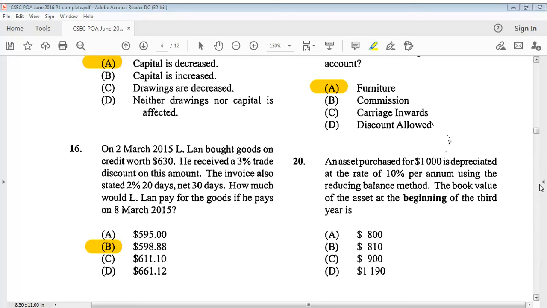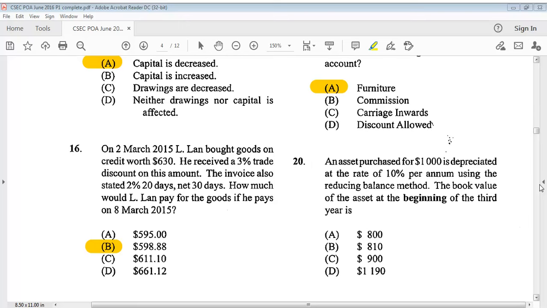So we know that with the reducing balance method, it's a fixed amount that is deducted from the cost for the 1st year. The 2nd year, it remains the same on the reduced balance method. So we therefore find 10% of $1,000.